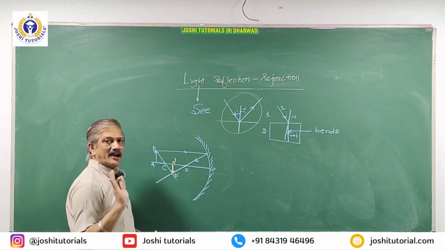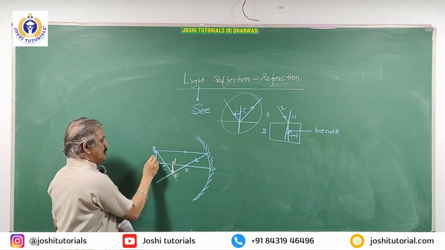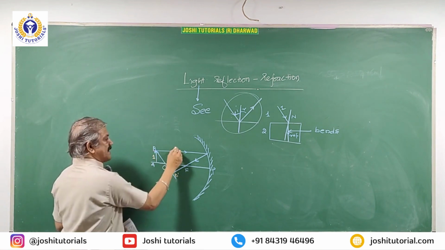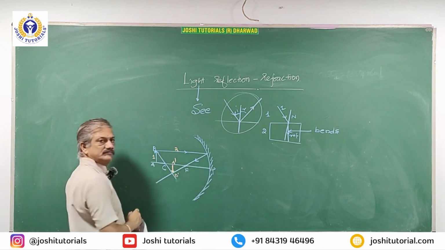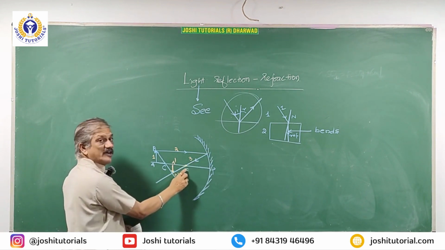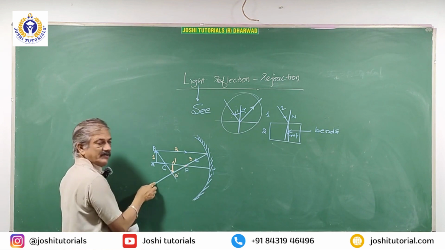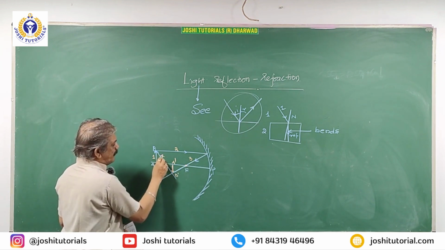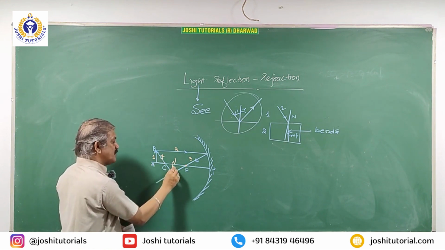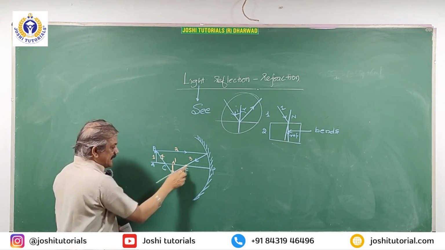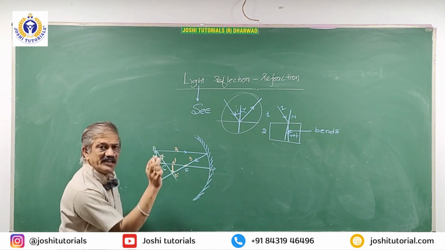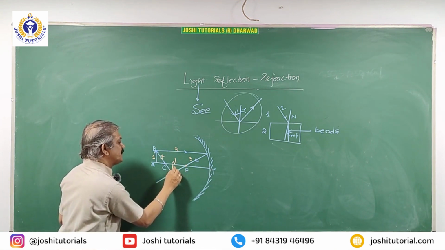To remember the diagram, I will tell you one trick. Number 1, first, the object. Second, parallel. Third, reflection passing through focus. Just extend. Fourth, from head passing through center of curvature. Wherever they meet, the intersecting line is below this principal axis, hence it is inverted. It is fifth.